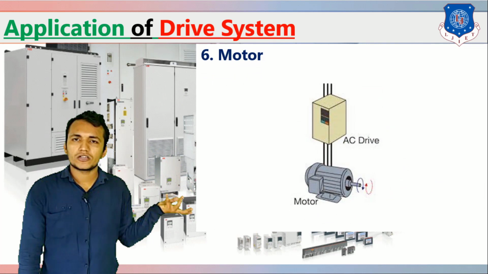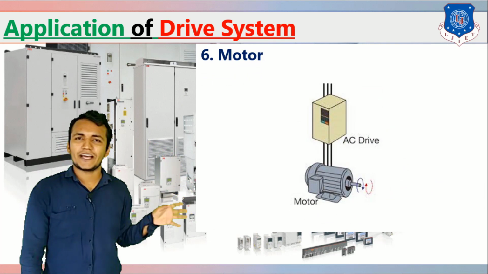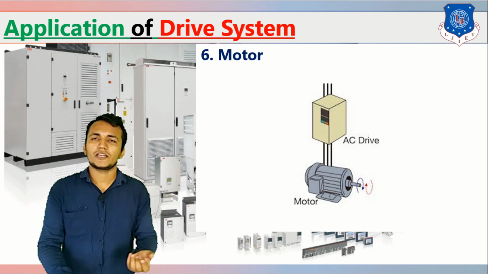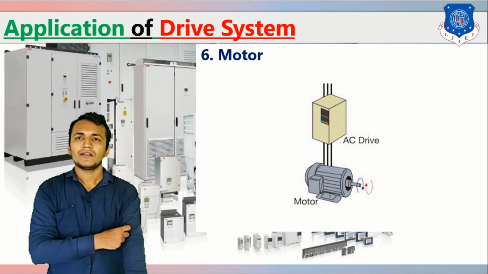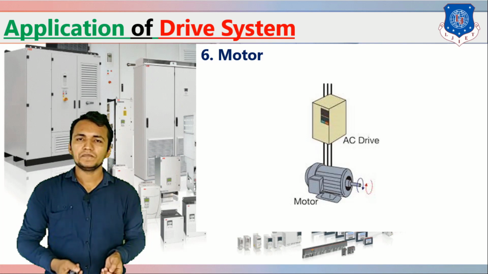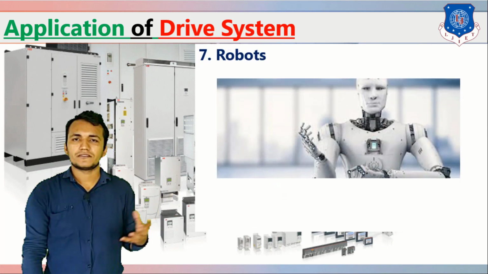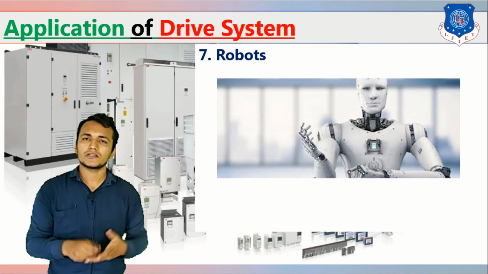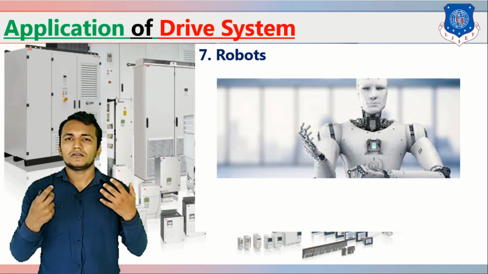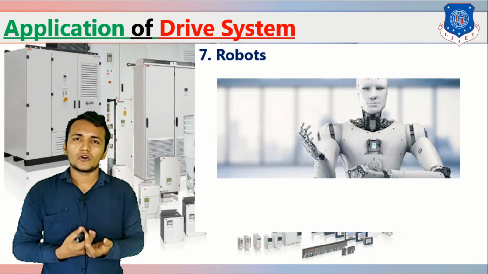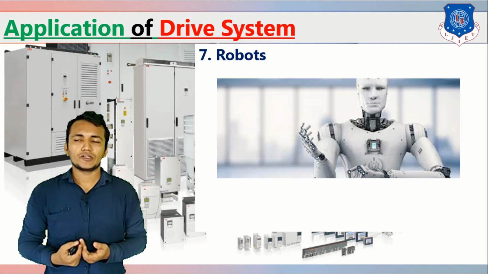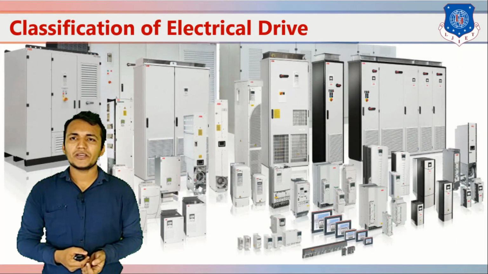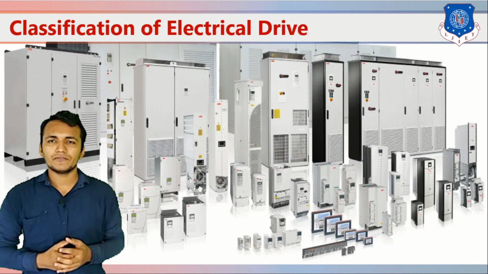Then an induction motor and AC drive are connected here, so it is also useful for AC motors. Then robotics. Sometimes we have to use robotic arms, and at that time we can use a servo motor drive system or a stepper motor drive system. So those are the applications of electrical drives.